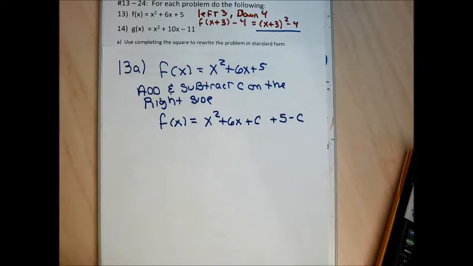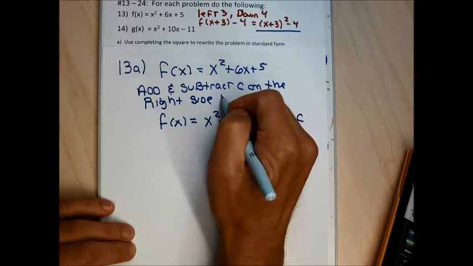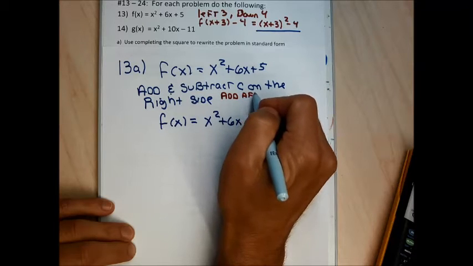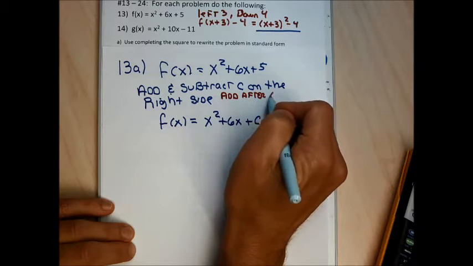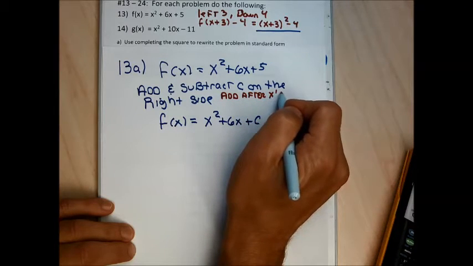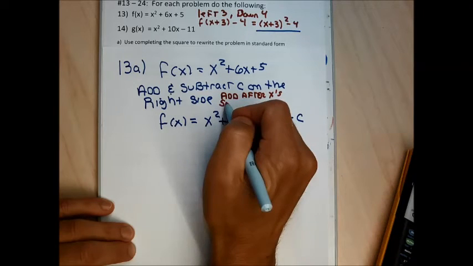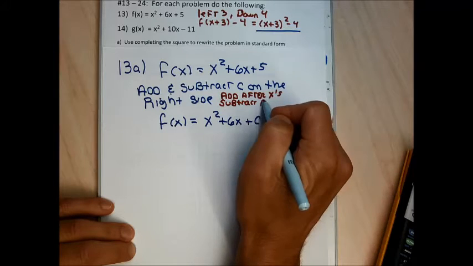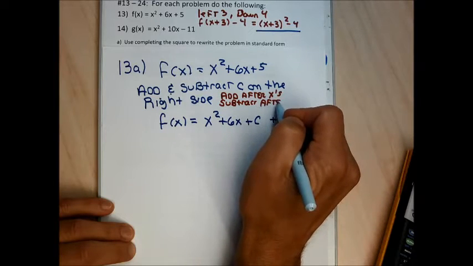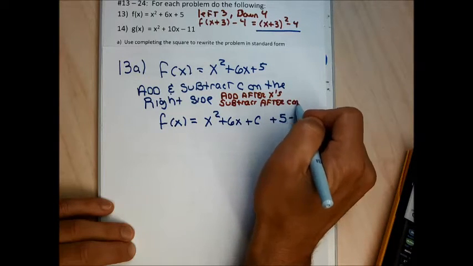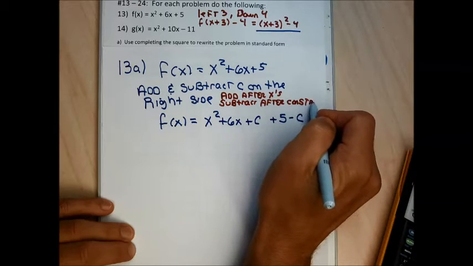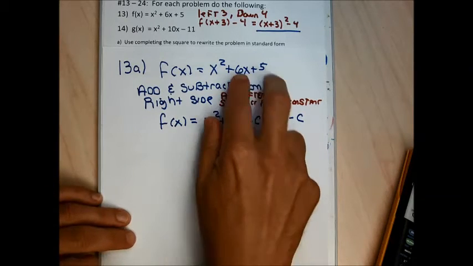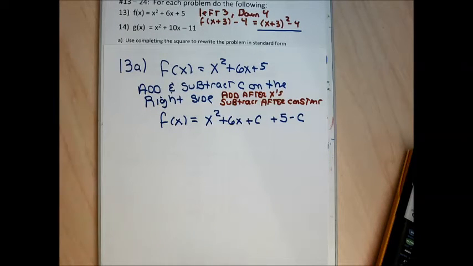So I'm going to add c after the last x term and subtract c after the constant, which is the number without the letter. If you simplified this, the c's would cancel and you'd get the original problem.